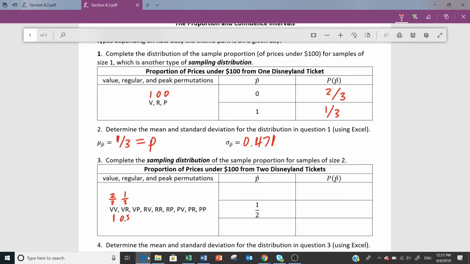RP would also be a 0. Yes. Can I find the standard deviation? 4 zeros, 4 ones, and 1 two.